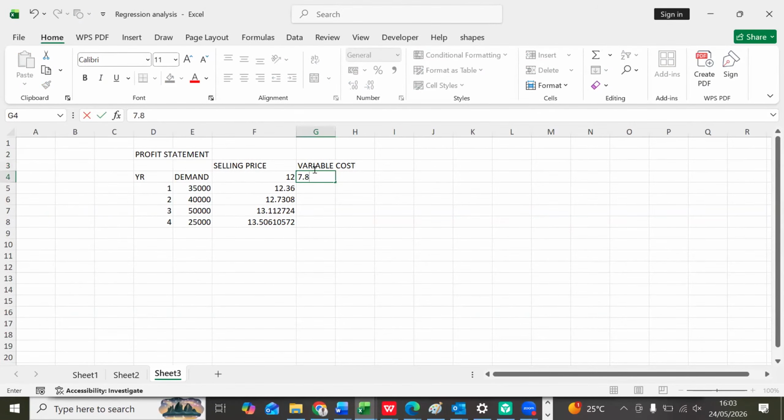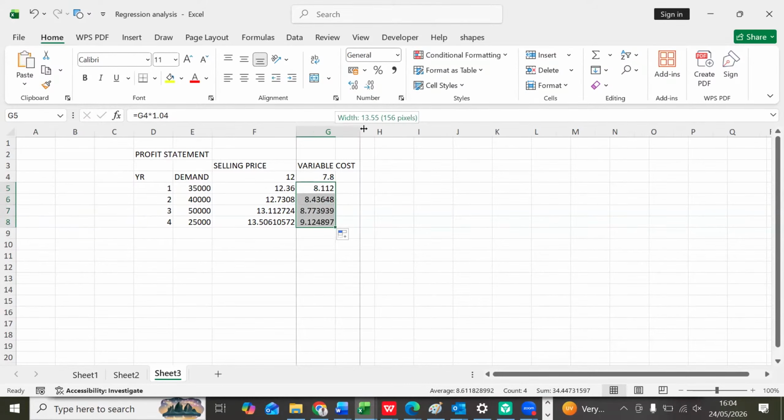And they have told me that variable cost will be growing at what percentage? 4%. So what I will do, I'll come and say equals, I pick this 7.8, I say times 1.04. All right, Control Enter, and then I come and beat this twice, like that. That's variable cost. I'm through with it.